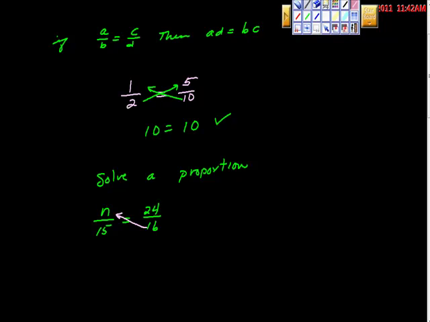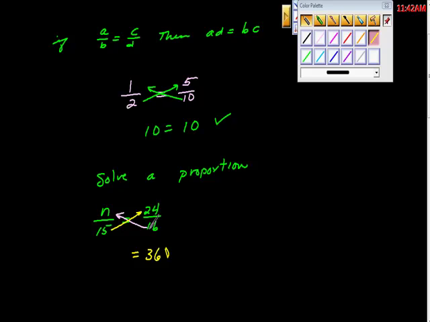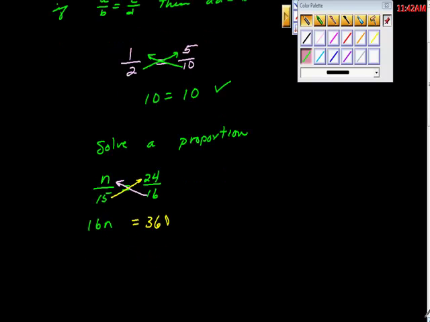I'm going to multiply this way. It doesn't matter which direction, as long as they're opposites, right? Multiply this times this. This is a little bit of calculator math, but 15 times 24 is 360. So it is equal to 360. And of course we know that 16 times n is 16n. So 16n. I'm going to do a little bit of algebra here. A little bit of division.